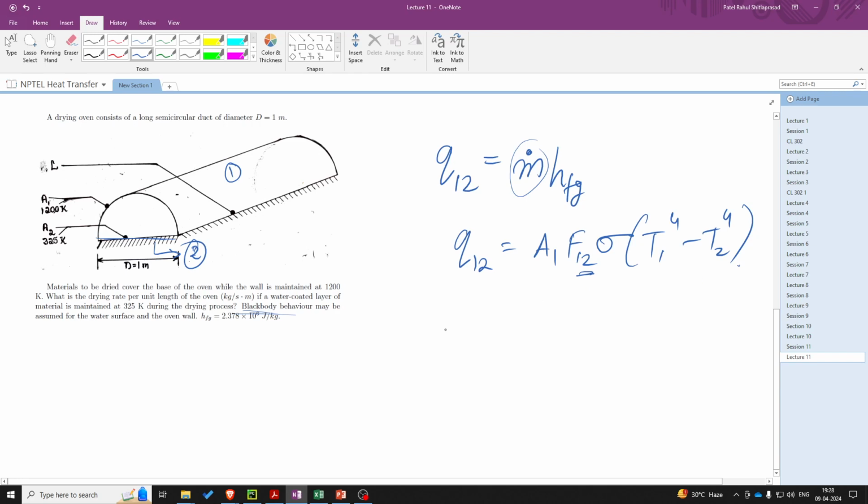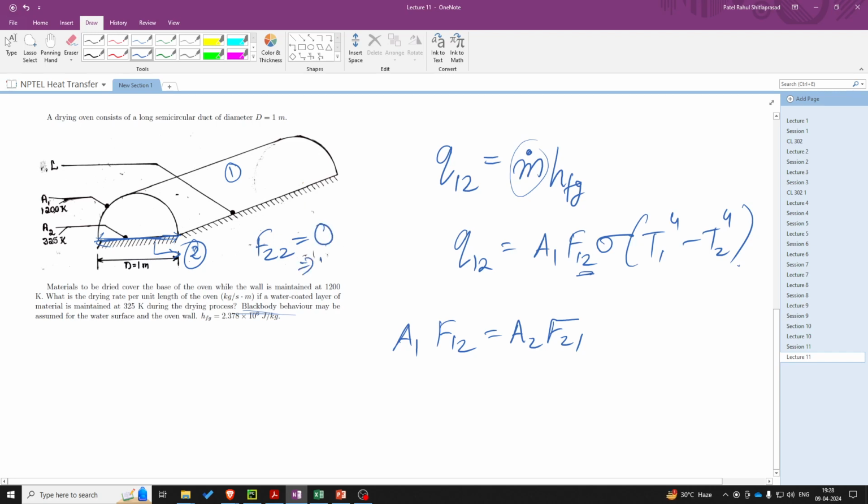So we know that we can write A1 F12 is equal to A2 F21. Now again, this surface 2 is a flat surface, and as seen in the previous two questions, we can write that F22 will be equal to 0.